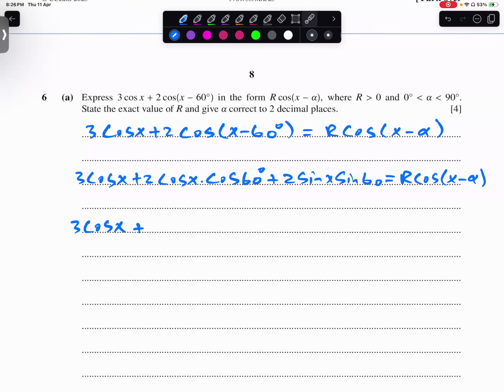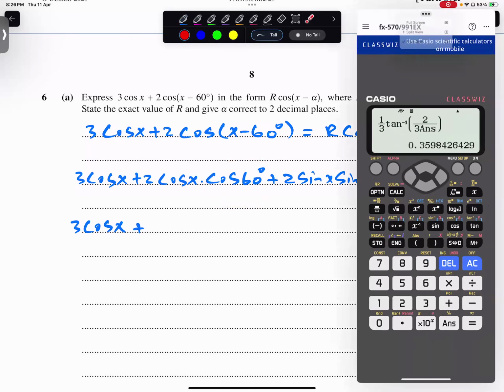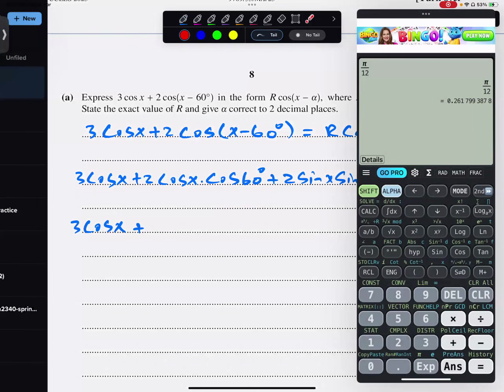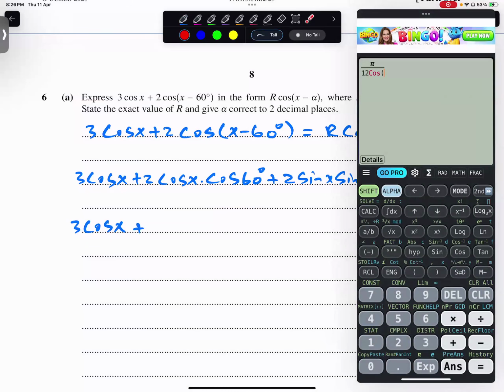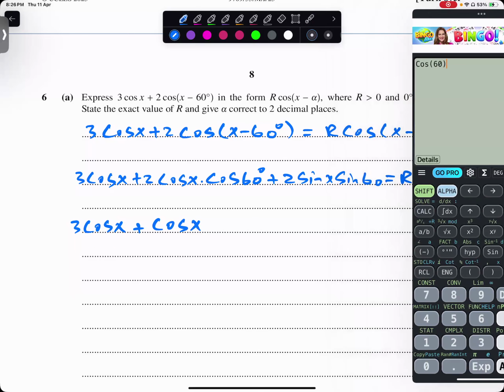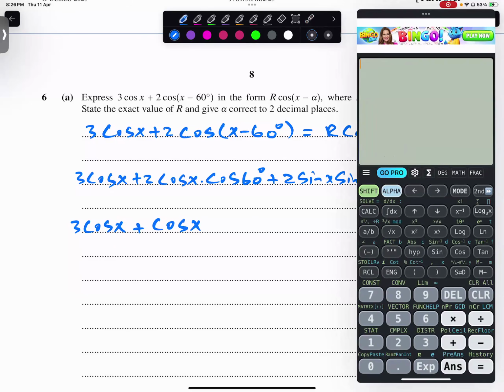So now what is cos 60? You can do this using a calculator. Cos of 60 will be 1/2, by the way. So the 1/2 cancels out with the 2, and you will have only cos x. Again, you will have sin 60. Let's find sin 60. That is √3/2.